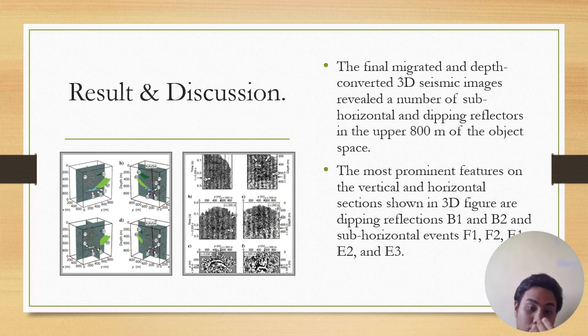As you can see in both pictures, you can see the dipping part of the seismic reflectors, the dipping part of the wave in the upper 800 meters of the object space, and the feature is more visible in the 3D figures, on the box side. On the left side, the different reflectors are more visible, which are B1 and B2, and the sub-horizontal events F1, F2, E1, E2, and E3.